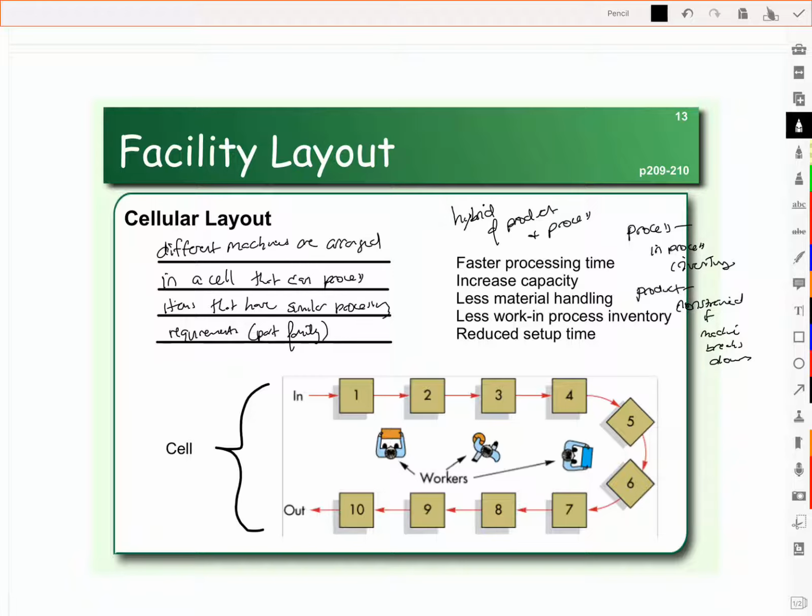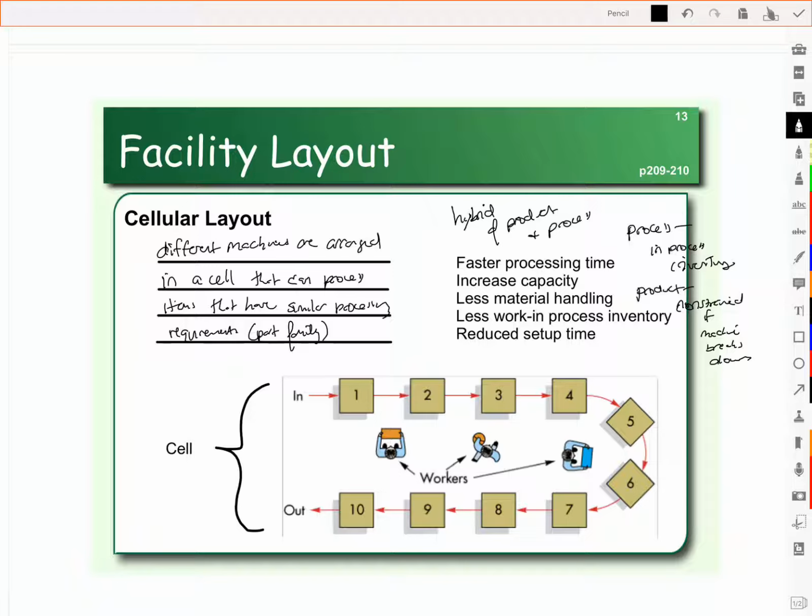So the cellular layout is a compromise or a hybrid of the product and the process layout to address the big disadvantage with a process layout, the in-process inventory, and the problem with a product layout, which is you're constrained. If your machine breaks down, you stop production. So the cellular layout attempts to resolve those two issues by being a bit of a compromise in between.